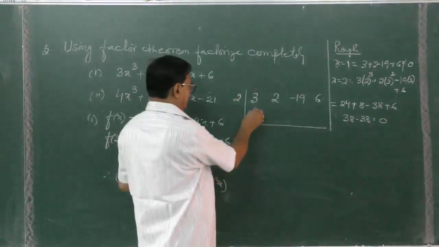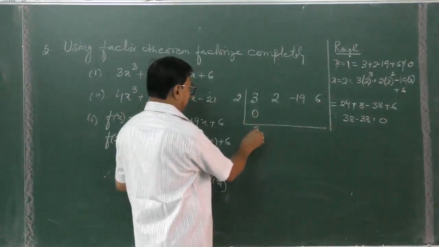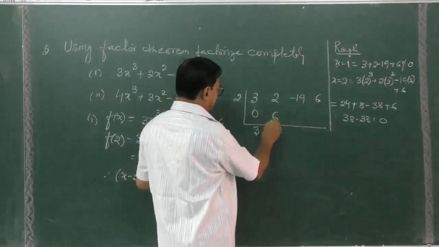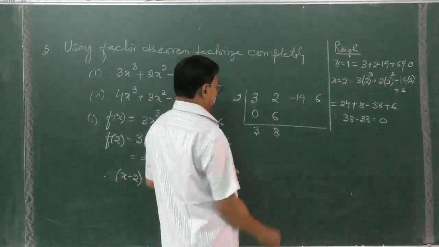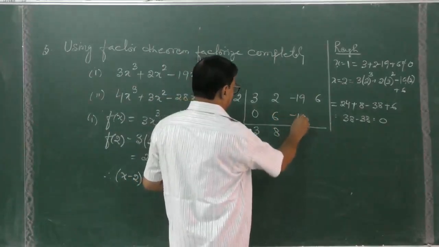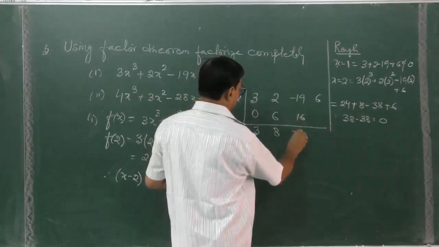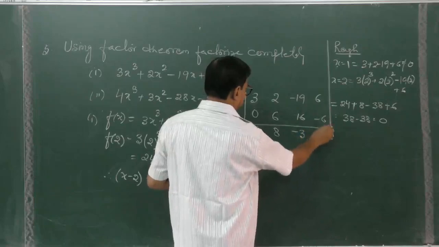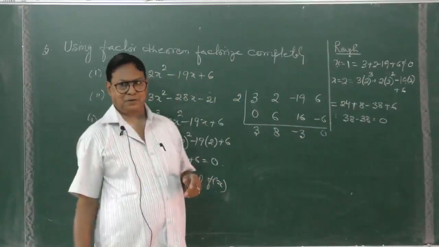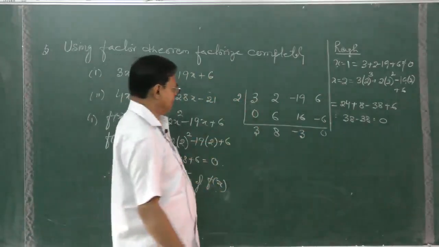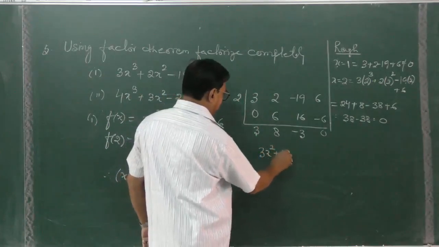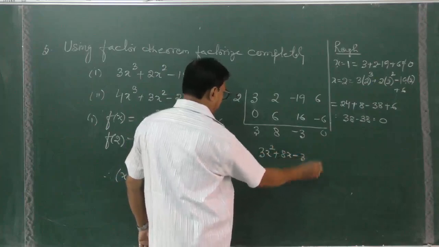The first we put 0, add it. So 3. Now multiplying 2 with 3 is 6, add it again. Then multiply again with 8, so 16, adding gives 0. So you are not doing any division, you can get it straight away. So the other factor is 3x square plus 8x minus 3.